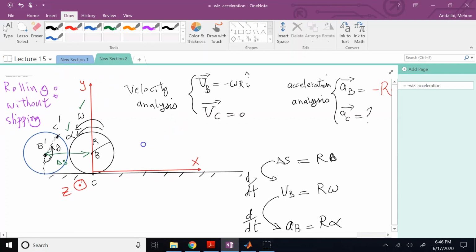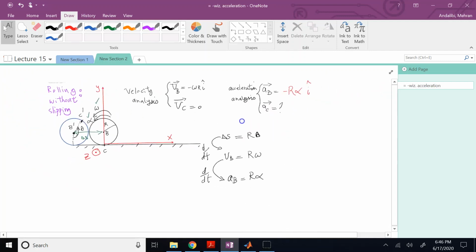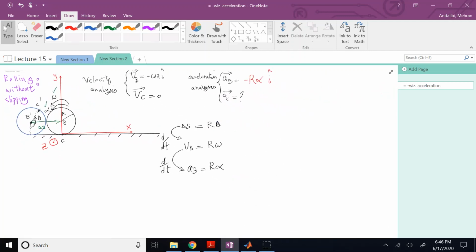So I could find the velocity of the centroid just by taking time derivatives of the distance traveled. But now, what about the contact point? The question is, is the acceleration of the contact point also zero? Remember, velocity of it is zero at the moment. What about the acceleration of the contact point? Is that also zero? Well, let's find out.